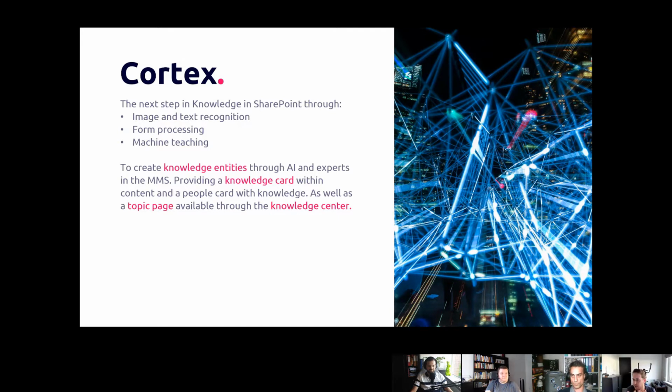Basically, it's applying AI to the data that you already have in your SharePoint environment. And what they do with that is they create so-called knowledge entities, and those knowledge entities will actually be fed through experts. So it's a combination between AI and a curated set of content that you can generate.